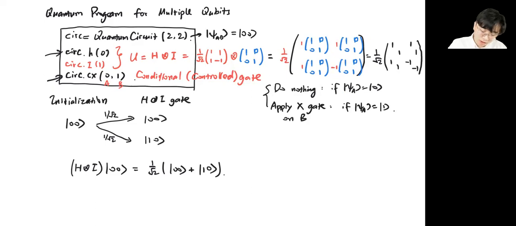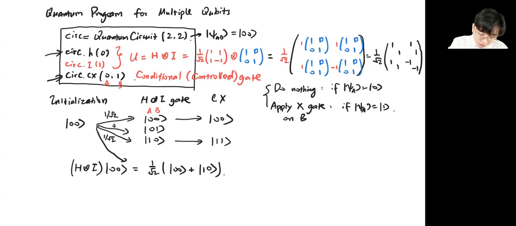In our example, A is the first qubit, B is the second. In this first case, A is 0, so the CX gate does nothing. In the second case, A is 1, so we apply X gate on the second qubit and it becomes 1, 1. In fact, we can just write down the other two cases, even though they are with coefficients 0.